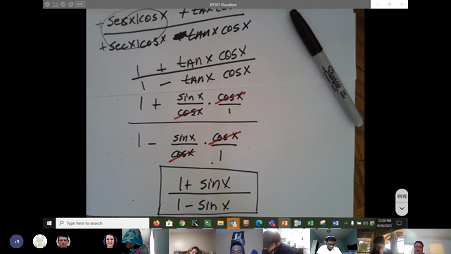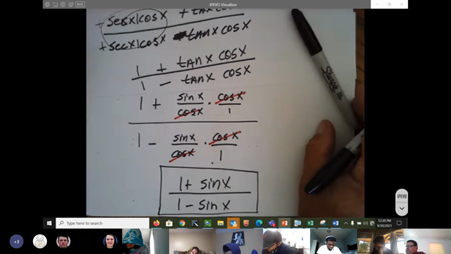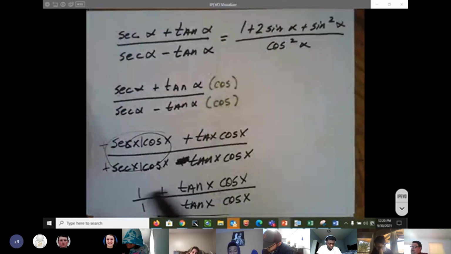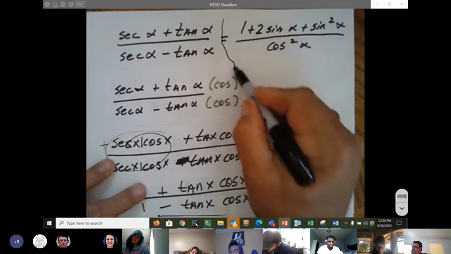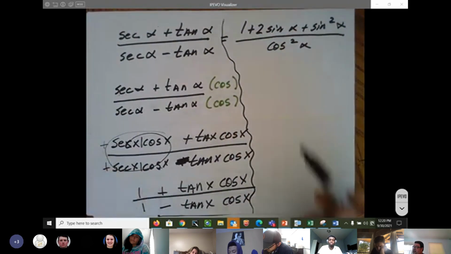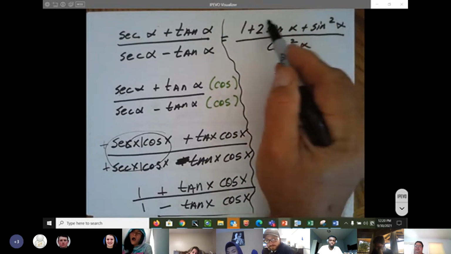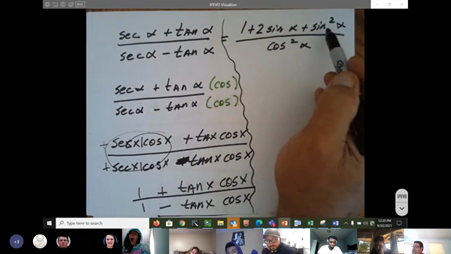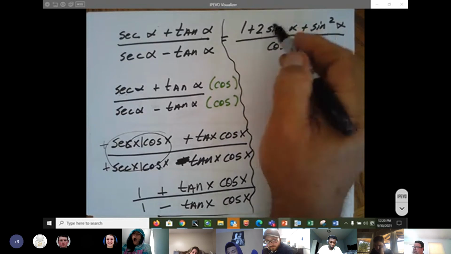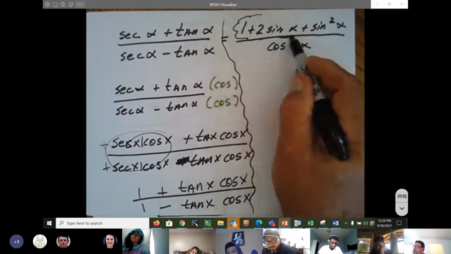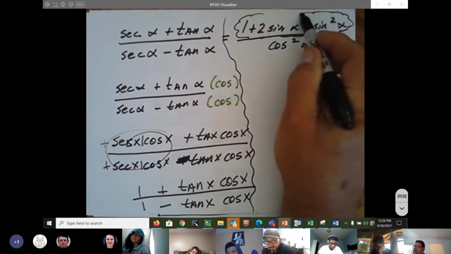All right, so I'm going to go back up here. And I want to just draw a line down through here like this. Somebody tell me what this is. That's a quadratic. That's 1 plus sine, shortcut number 1 that y'all refuse to learn.